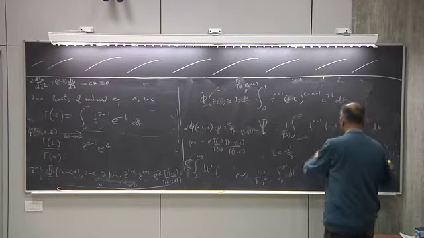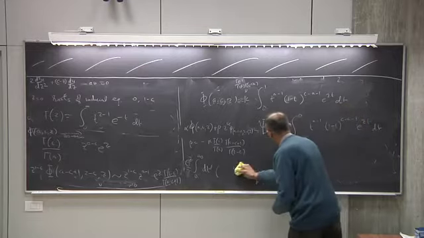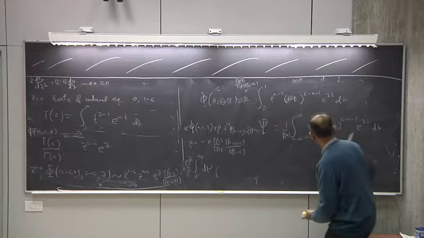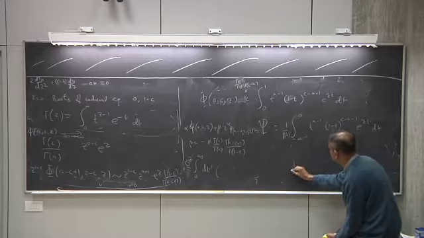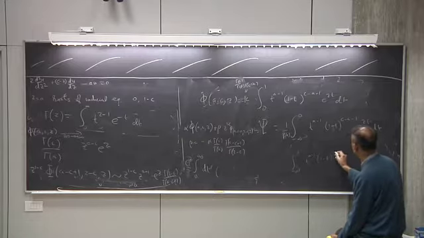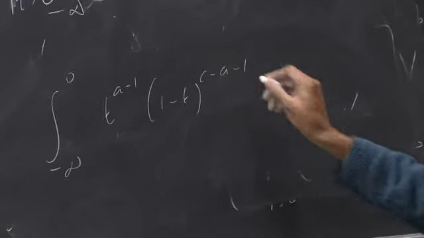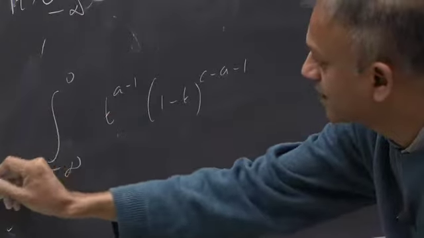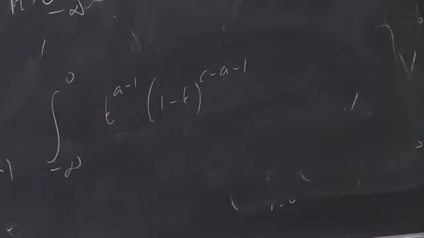So to get this expression for z equal to 0, this integral is from minus infinity to 0 of t^(a-1) times (1-t)^(c-a-1). There is just 1 over gamma(a), and you can do it in different ways.